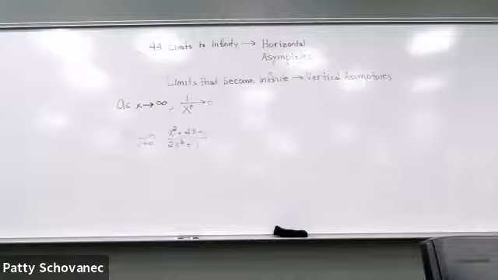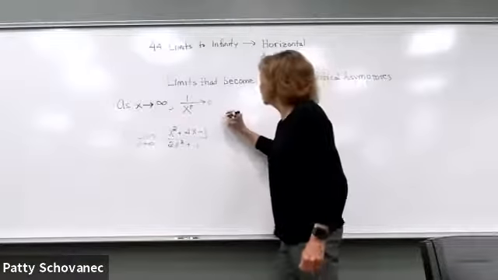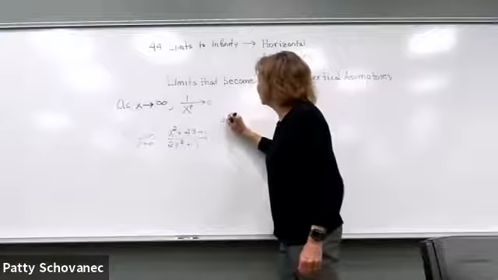If we employ that idea where we multiply top and bottom by 1, in the form of whatever the highest power of x is, like here it's x squared. So if I multiply top and bottom by 1 over x squared, then I am in essence dividing everything by x squared. Okay, so x squared is the highest power. We're going to rewrite the expression by dividing everything by x squared.